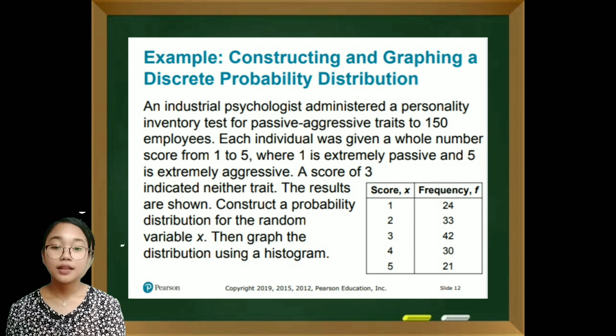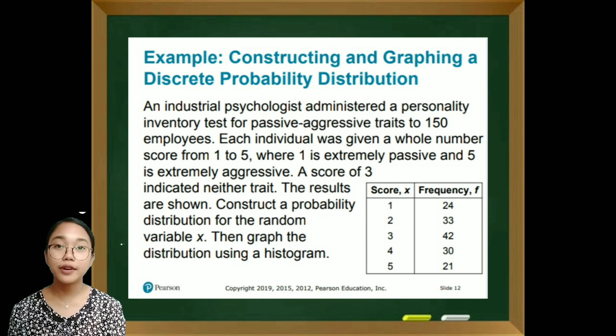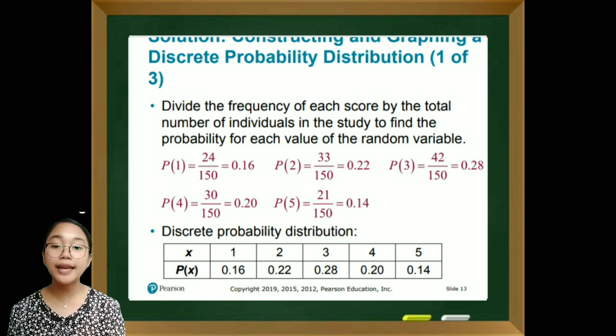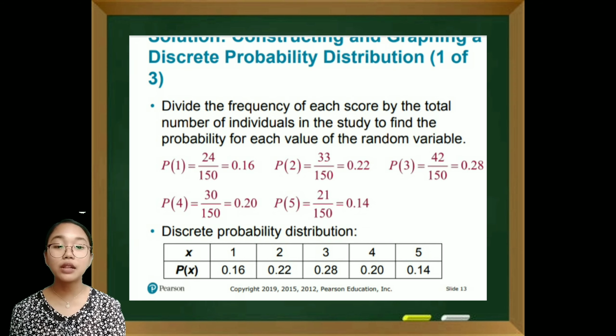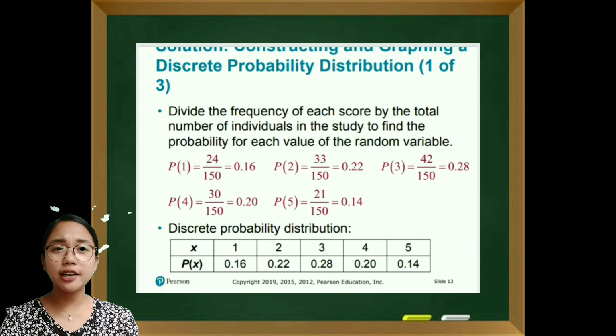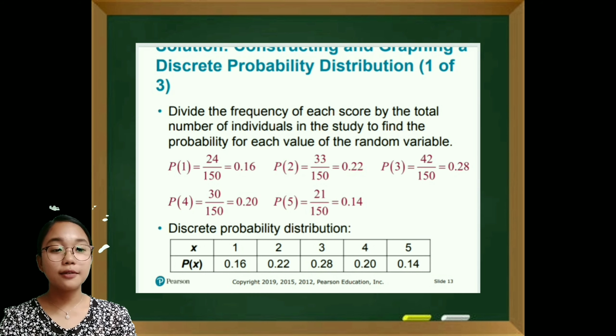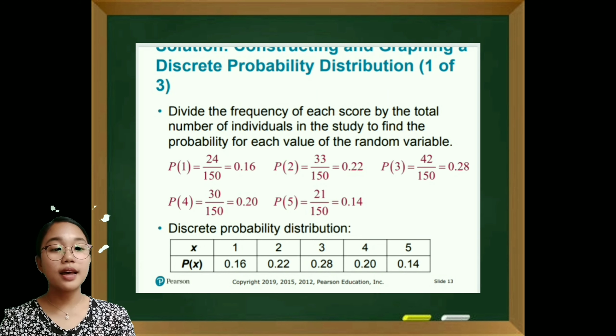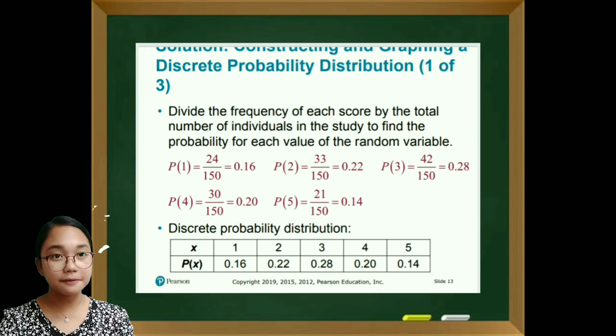So the summation of frequency is 150. Third is to find the probability of each possible outcome by dividing its frequency by the sum of the frequencies. We have here the probability of 1 equal to the frequency of each score over the total number of individuals in the study.